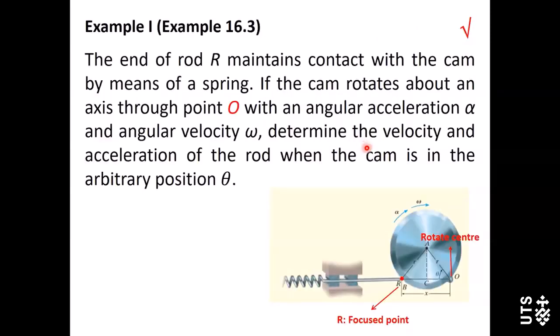Okay, now let me solve a problem in this slide. In this problem, look at this diagram. In this mechanism, there is a cam, and this cam can have a rotation about its fixed axis through point O. O is not the circle center.